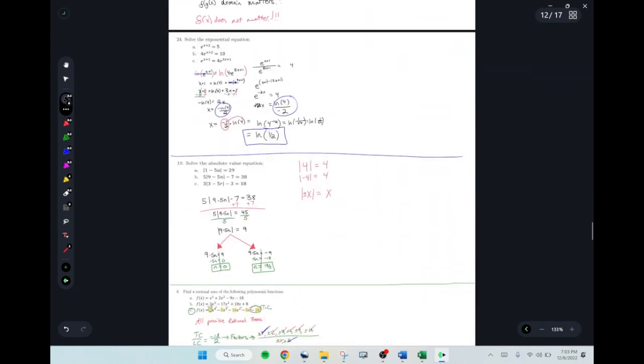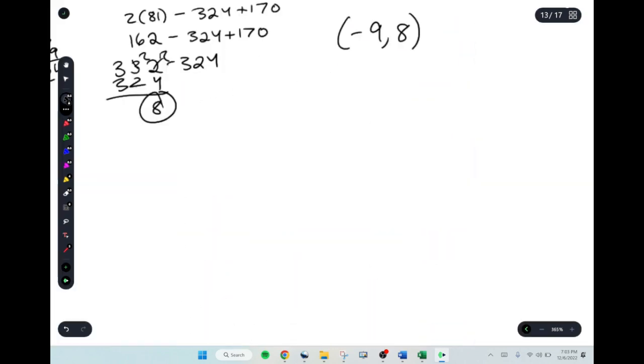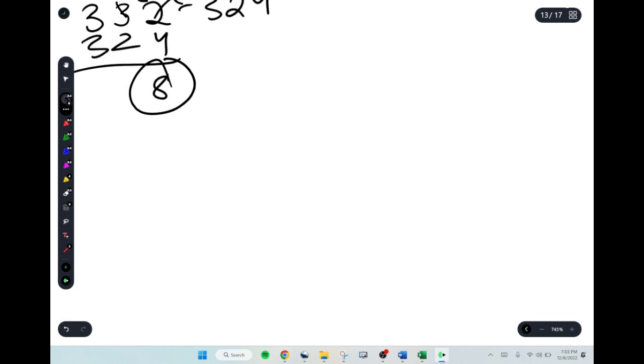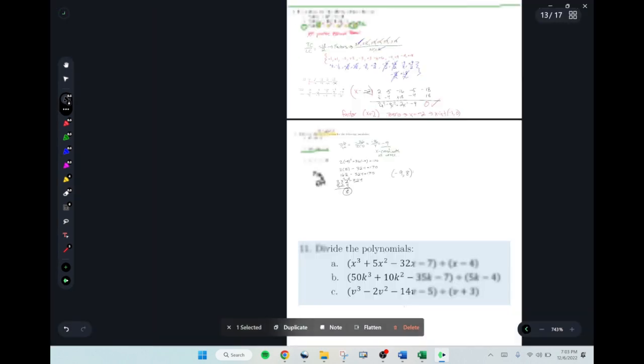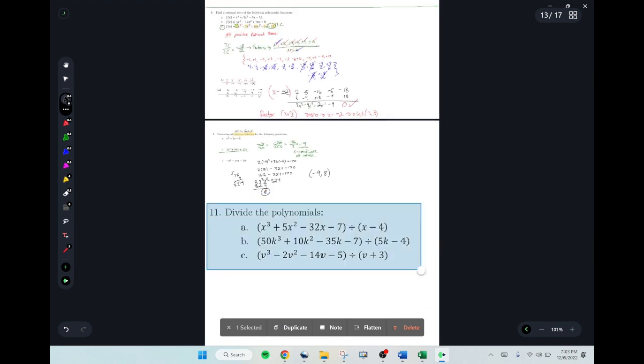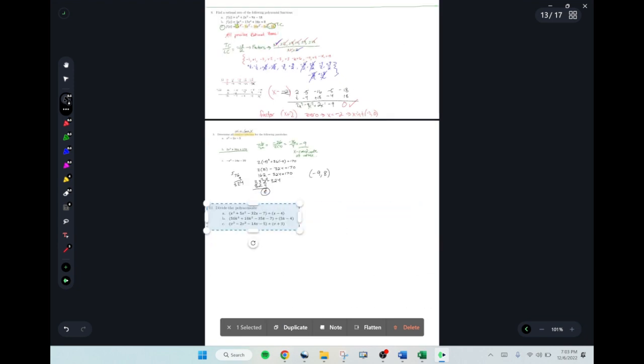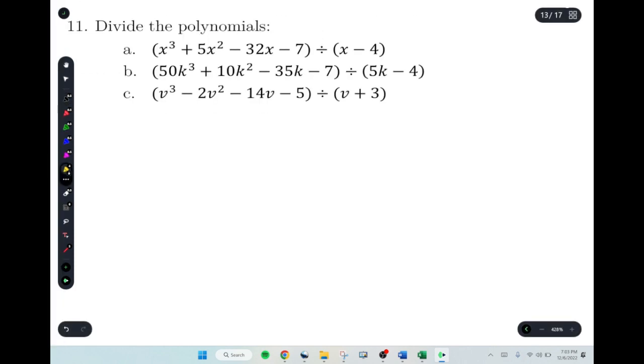But okay, first thing we've got to do is check: 3, 2, 1, 0. Good to go. If it's missing something, then you've got to add that in there with the 0, right? You've got to add plus 0x, minus 0x, whatever it's missing.